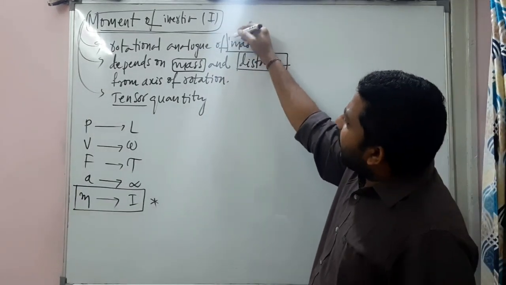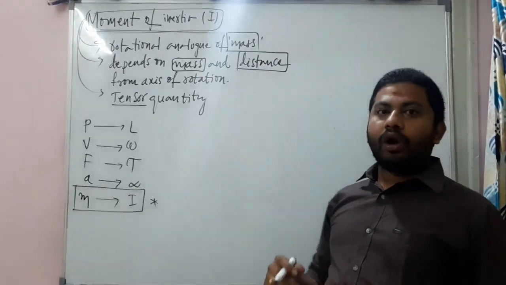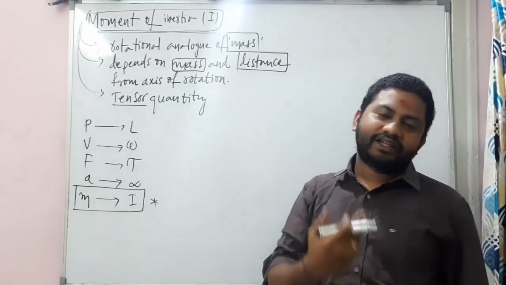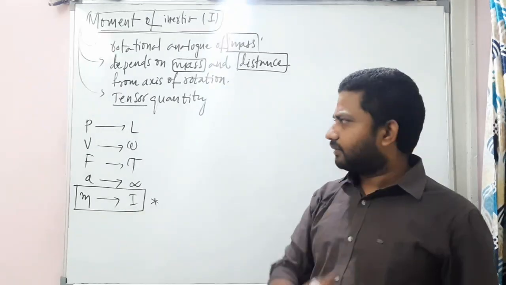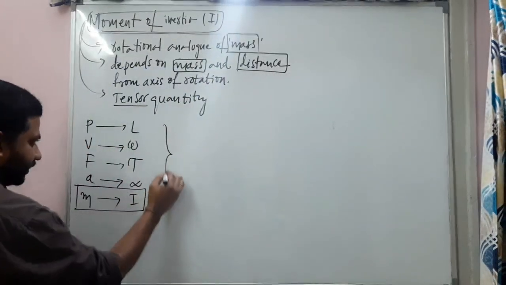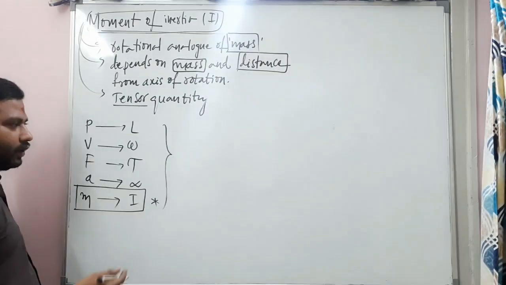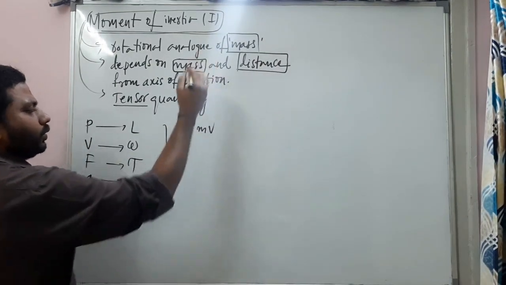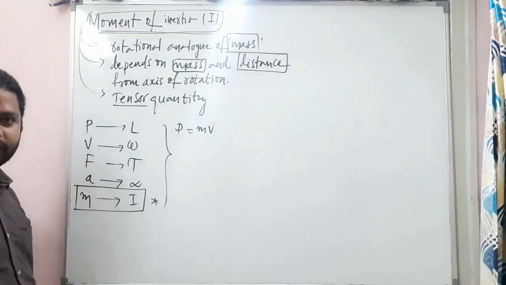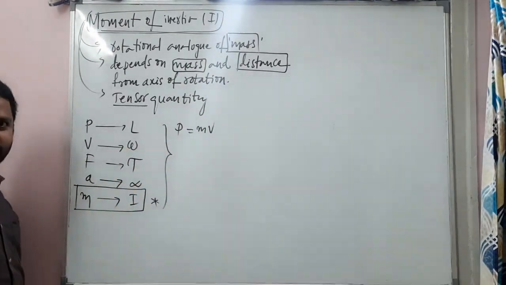Now, coming back to so many other points. Wherever the mass comes in an equation of linear motion, we can keep the moment of inertia. For example, let's discuss from this only. Linear momentum is equal to mass into velocity, right? So angular momentum we can write from here.